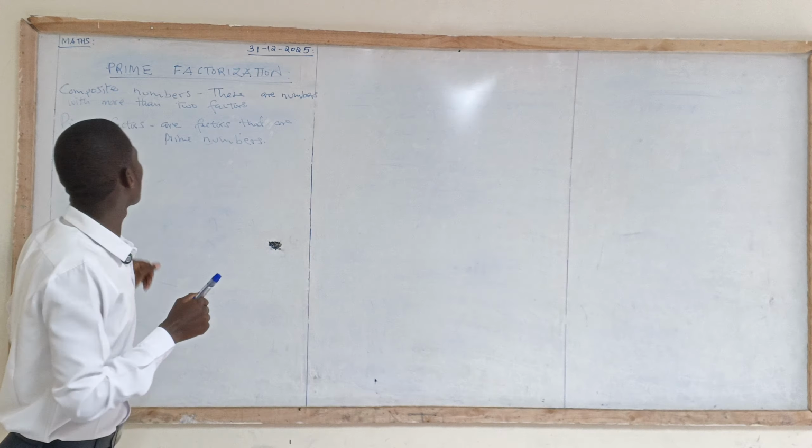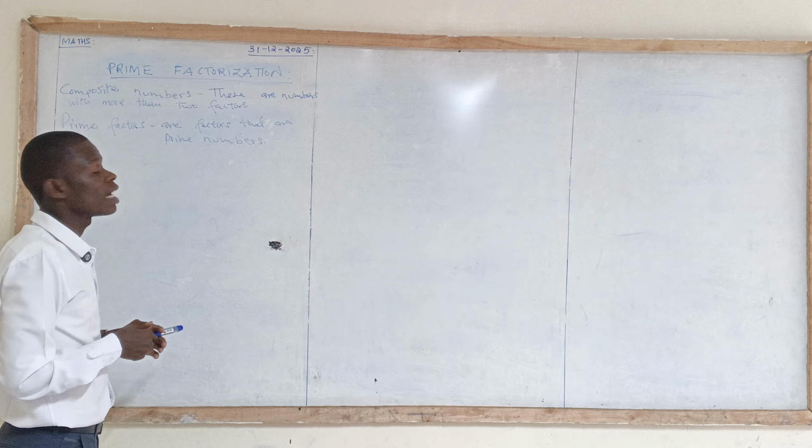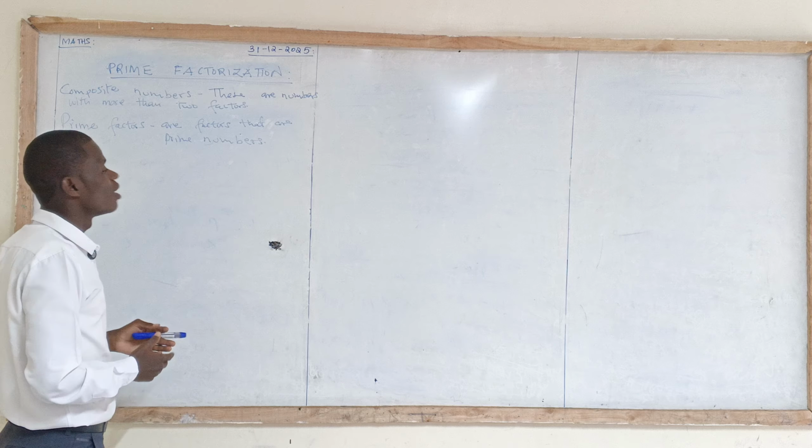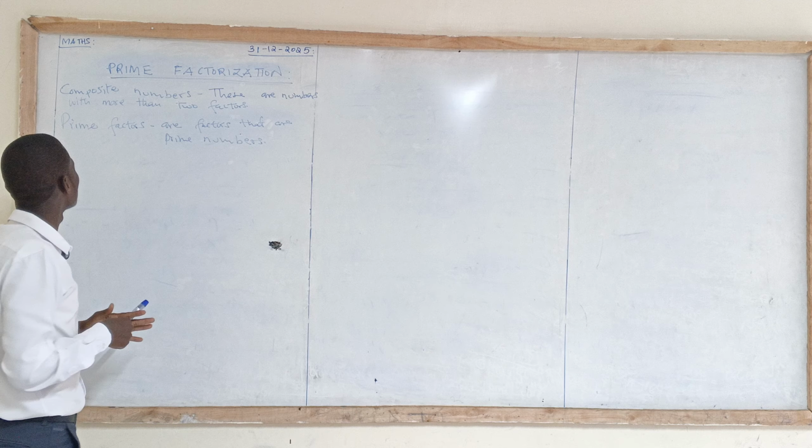These are composite numbers, numbers with more than 2 factors. Prime factors are factors that are prime numbers, or are prime numbers that are factors. You can say whatever you want.